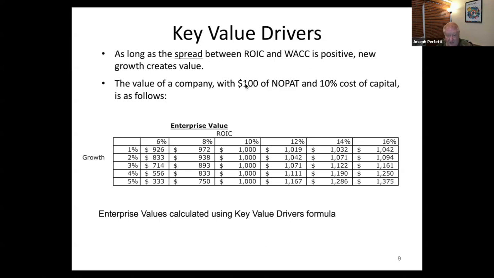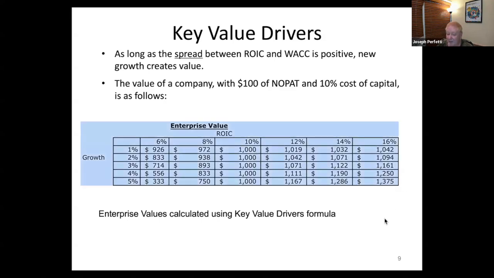I started with 100 of NOPAT and a 10% WACC, and then I plugged in these ROICs from 6 to 16%, and these Gs from 1 to 5%, and these are the results. So if you had 100 NOPAT, 10% WACC, 10% ROIC, and 1% growth, that's the 1,000. That's the $1 billion. So with 100 million NOPAT, the company would be worth $1 billion. That's the result of the key value driver equation.